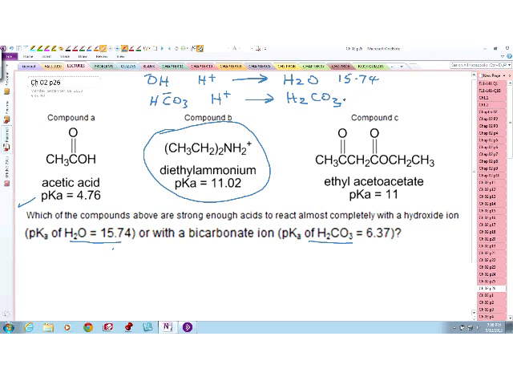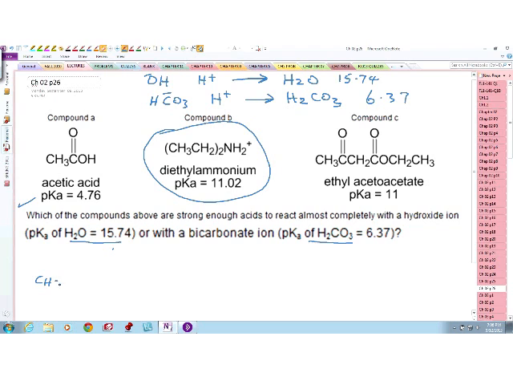And they've given us the pKa value for carbonic acid, and that is 6.37. So let us do this here with hydroxide ion and see whether we can answer that question.